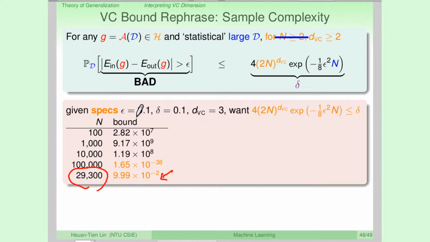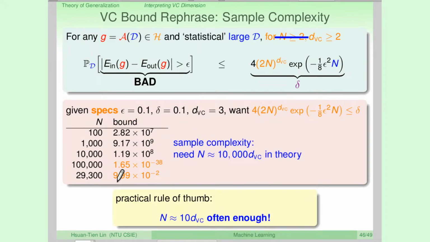So basically, by having this spec, we need this number of examples to achieve the spec. Now, this seems to suggest, okay, if you actually do some approximation analysis, you can get that you need n to be around 10,000 VC dimension to get decent learning performance, to get decent generalization performance, actually.